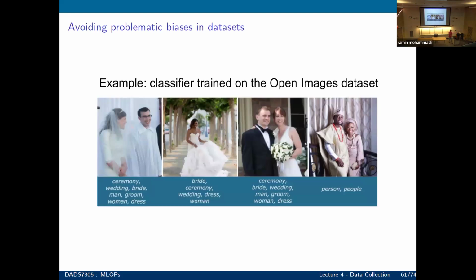Let's make one example. We want to talk about data bias. Say you want to build an app that does simple image classification. What does that mean? The user comes and uploads a photo and it can detect groom and bride and stuff like that. And the data that you have downloaded, let's say you outsourced from Google and collected data, works for the left, right, and the third one, but when it goes to the last one, it just predicts person.